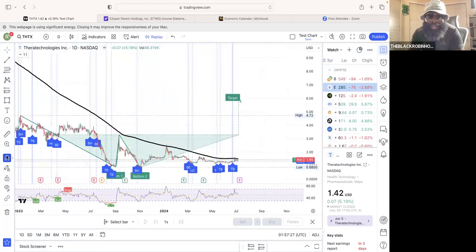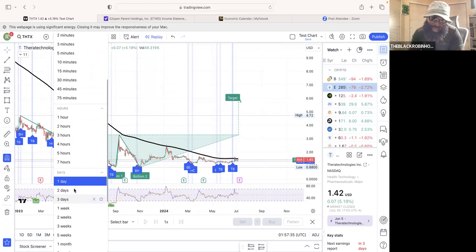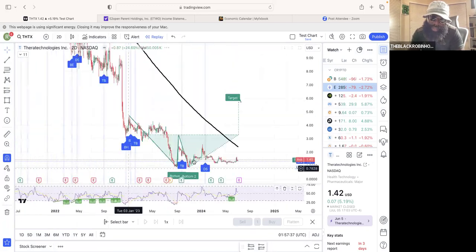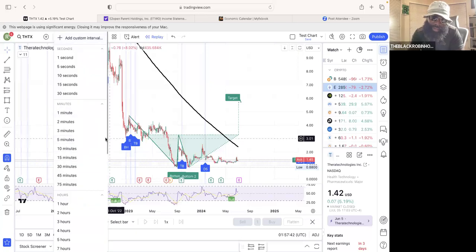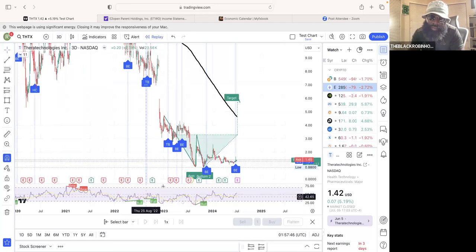THTX. I'm not even gonna do this one. $1 stock. Like, what the hell is it? Anyway, let's see. That could be the bad game zone.